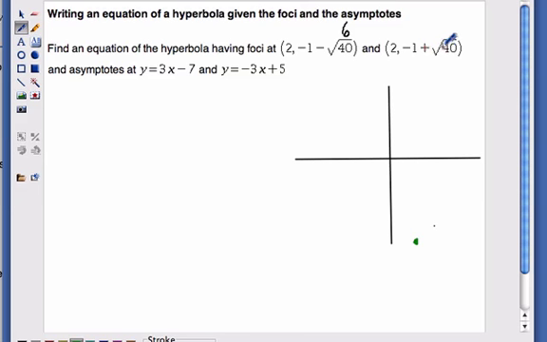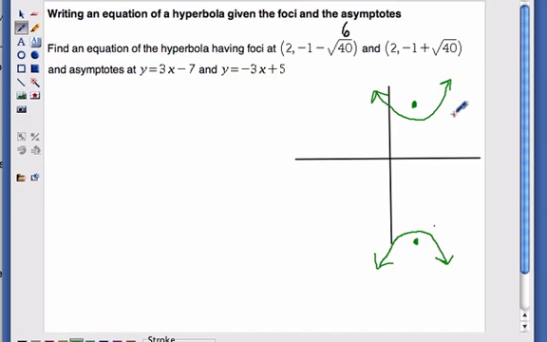And -1 plus 6 would give me a positive 5 something, so I'm going to go out to 2 and go up to about right here. So these are my values for my foci. Now I can see that my graph is going to open up and open down. So that just gives us the idea of which equation we want to use.